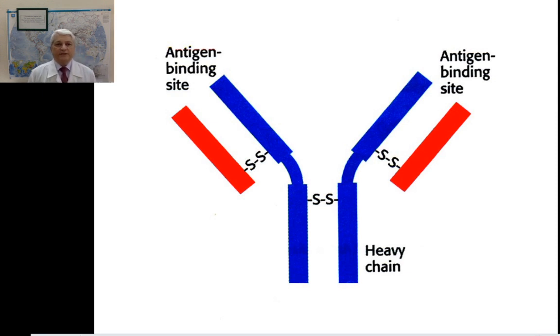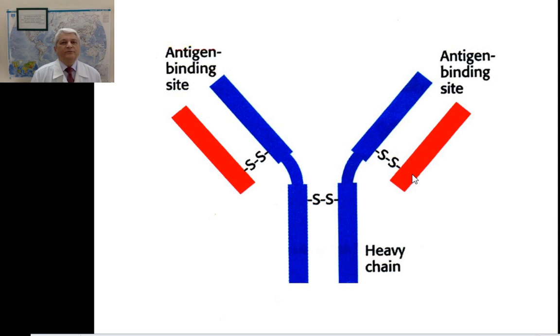Now I am asking you, and you are answering me, and then I shall confirm your correct answers. What is shown on this picture with red color? Now you are answering, and now I am confirming. Red color shows light chains.